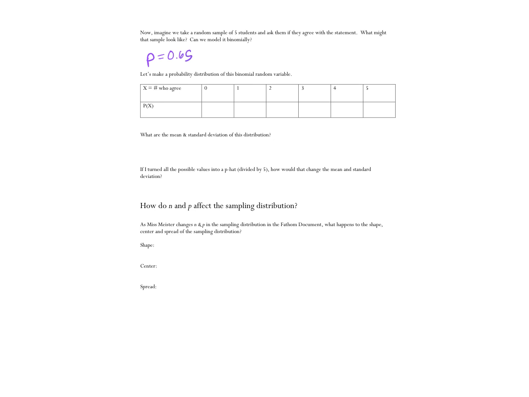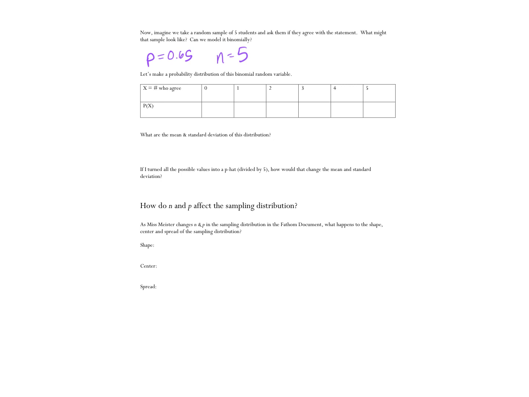Now I'm sampling from a population where P equals 0.65, and I'm going to take a random sample of 5 students. So are you cool if I call that N equals 5? And let's let X equal the number of students in my sample who agree.